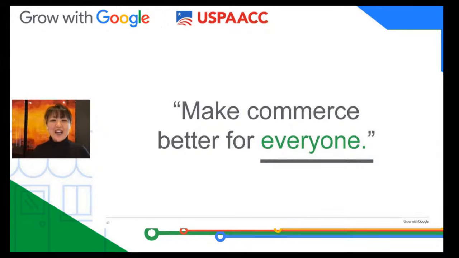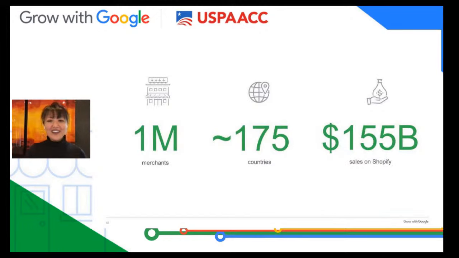Side note, make commerce better for everyone. So Shopify, this is information from Shopify. They have approximately 1 million merchants, they are utilized in over 175 countries, and their sales revenue is approximately 155 billion.